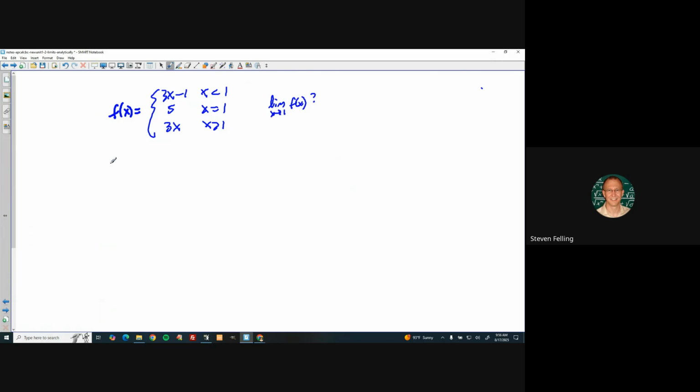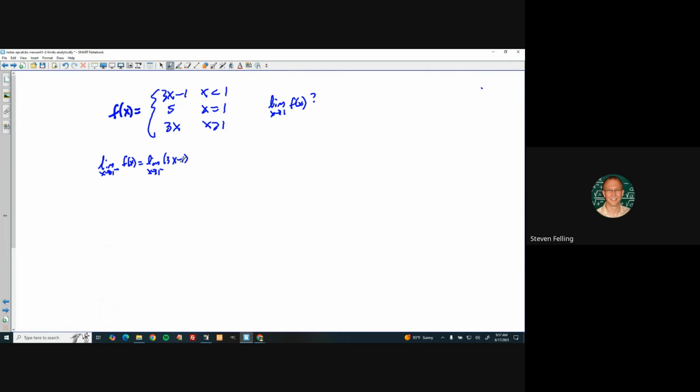Okay, so we're going to check from the left, limit as x approaches 1 from the left. And the reason I'm explicitly going to check from the left is because I have different rules which might apply in different parts of the domain. So that limit of f of x is, now I'm going to write this limit over again, but I'm going to replace this f of x with the rule that applies just to the left of 1, which is this rule here, 3x minus 1.